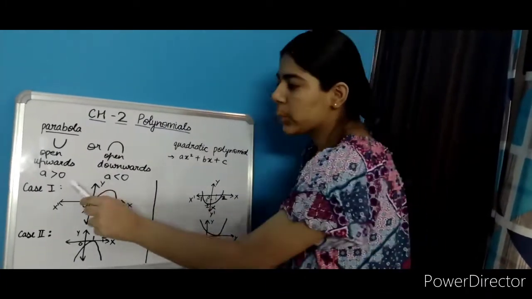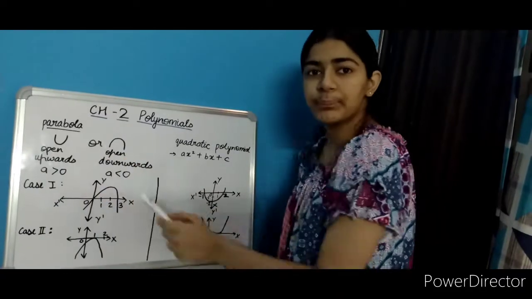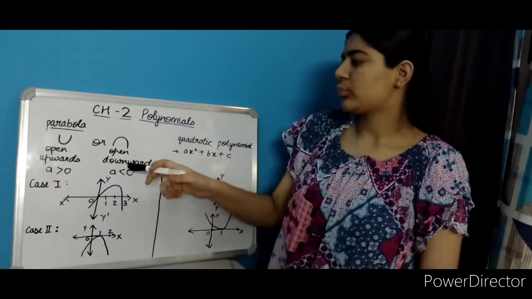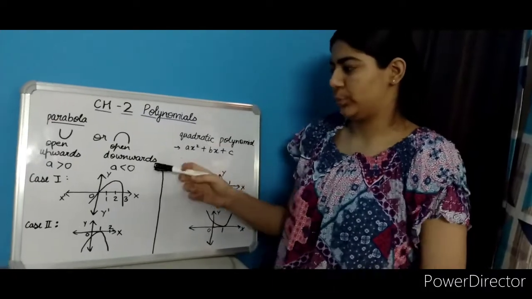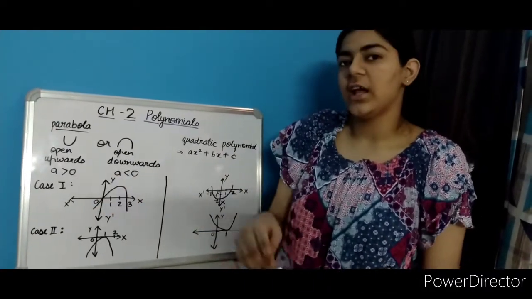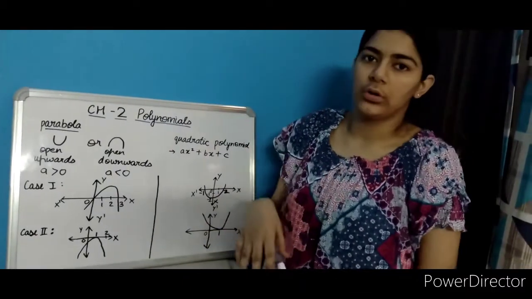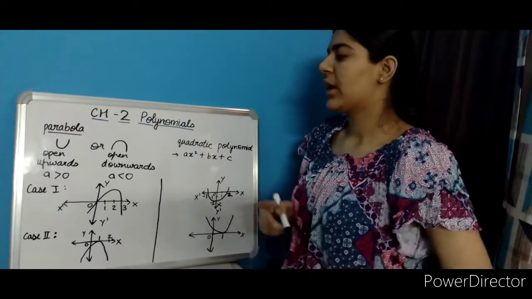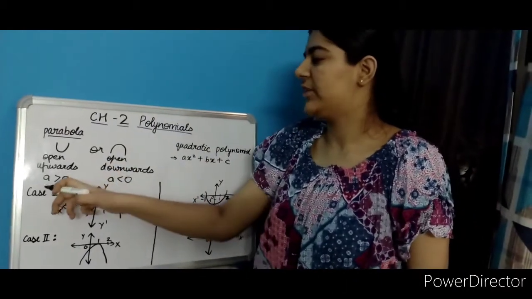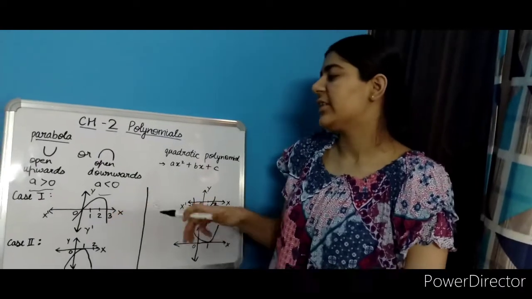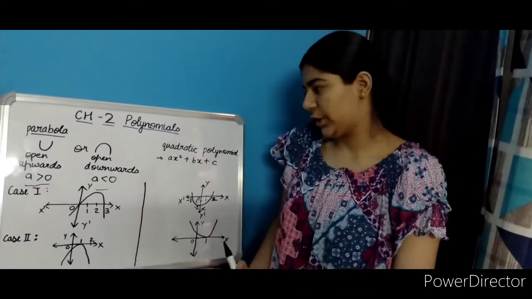It can open upwards like this, you can see, and parabola can open downwards also. So it depends on whether a is greater than 0 or less than 0. When it opens upwards, a is greater than 0, and when it opens downwards, a is less than 0.